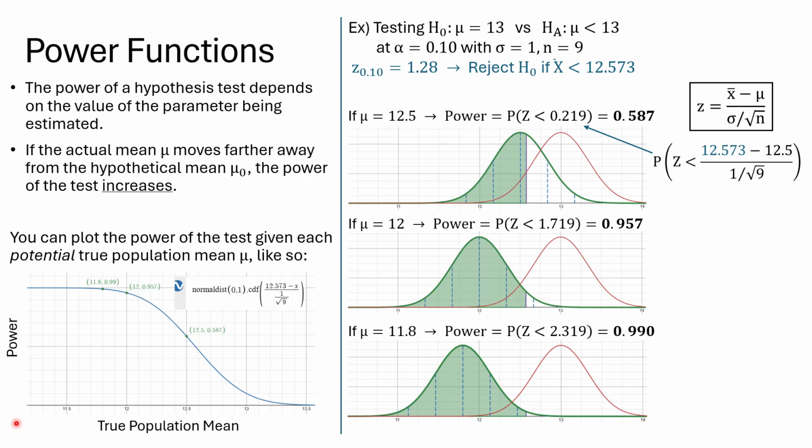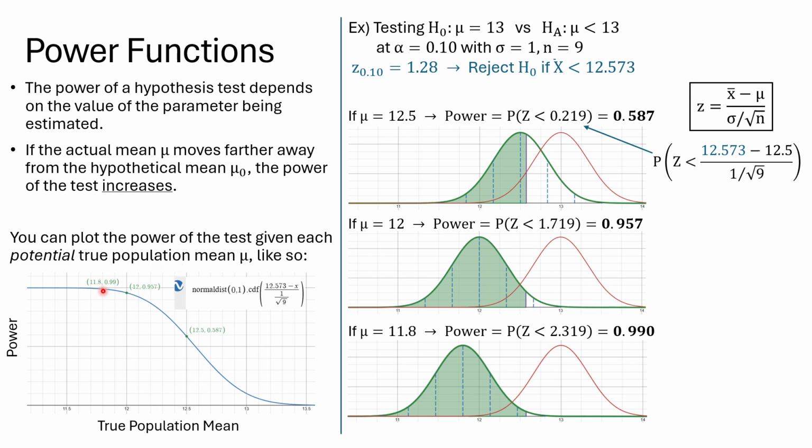Now power will be from 0 to the highest value 1. We'll talk about this formula, but we can see these exact points on this function, and if you were choosing different mu values, maybe like 12.3, we'd get about 0.8. That would be the power if we had a mu of 12.3 and everything else the same.